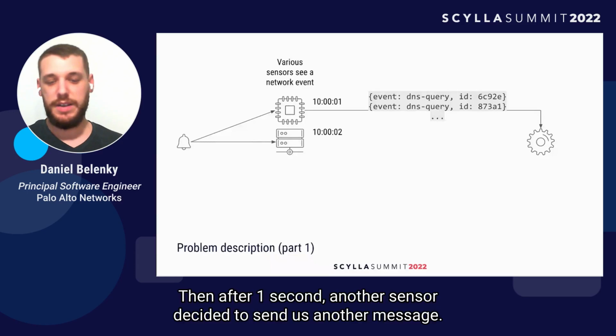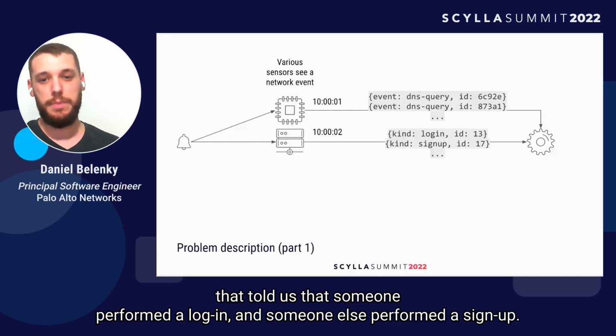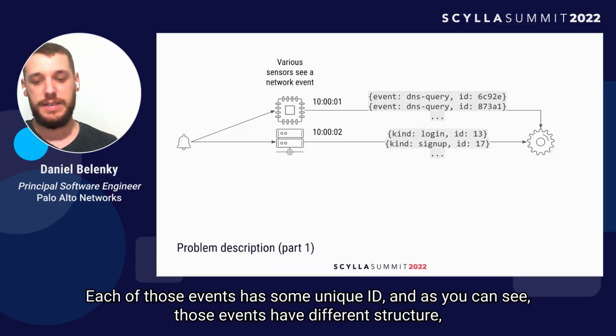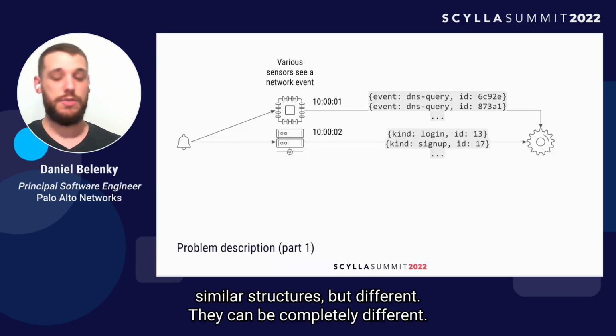Then, after 1 second, another sensor decided to send us another message. This sensor happens to be some custom system that told us that someone performed the login and someone else performed the sign up. Each of those events has some unique ID. As you can see, those events have different structures, similar structures, but different.